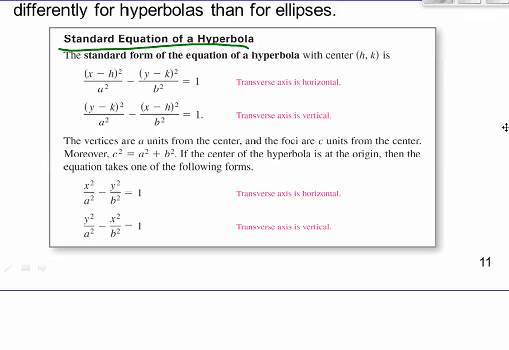Anybody noticing the big difference? The squared part, is it a lot different than an ellipse? How is this different than an ellipse? It's subtracting instead of adding. And so be careful and take a few minutes. And then also the vertices are A units from the center, and the foci are C units from the center. And now C squared equals A squared plus B squared.